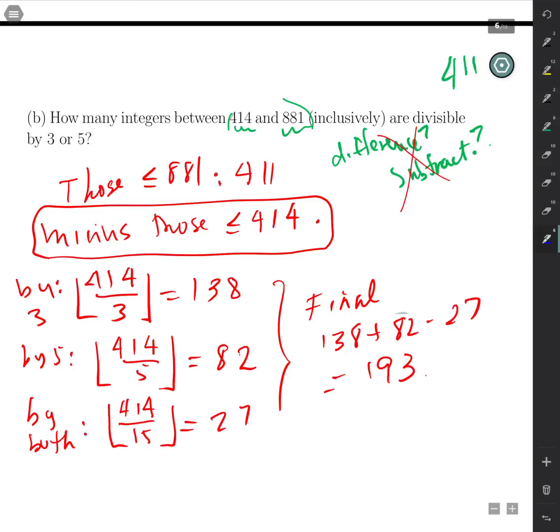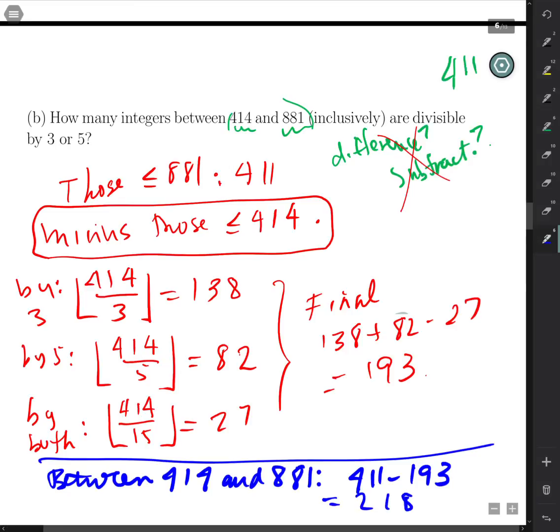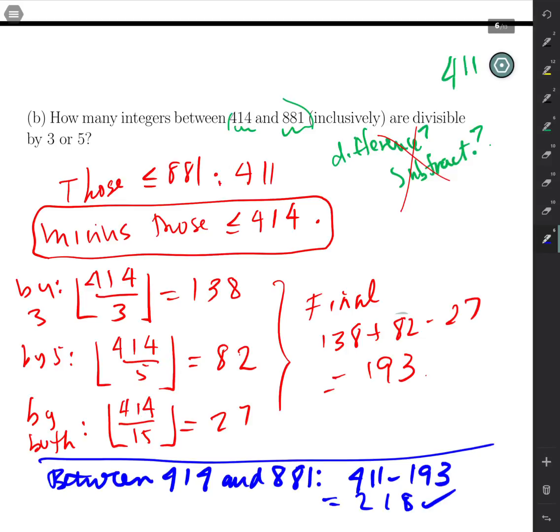So that would mean then that between 414 and 881, we'd have 411 minus 193, which is equal to 211, and 7 is 218. I think I have that right. 218. Okay? So that's the answer to this one right here. I'll probably give you some problems of this nature at some point for you to illustrate how you can work with a floor function and how you can work with the inclusion-exclusion.